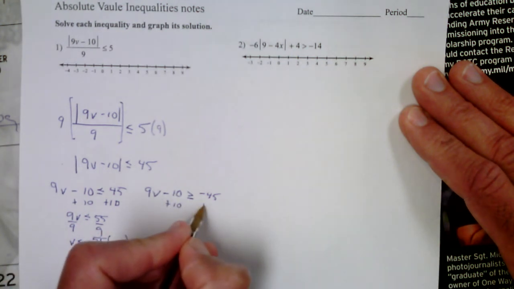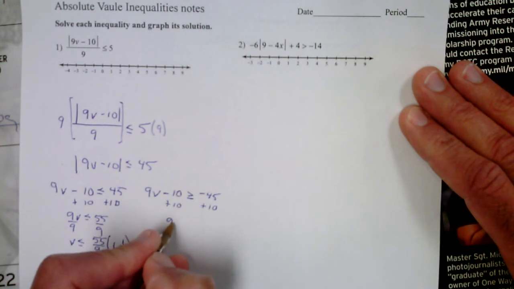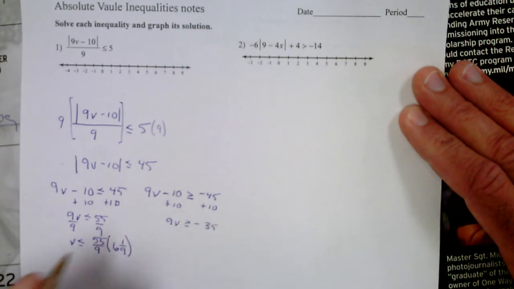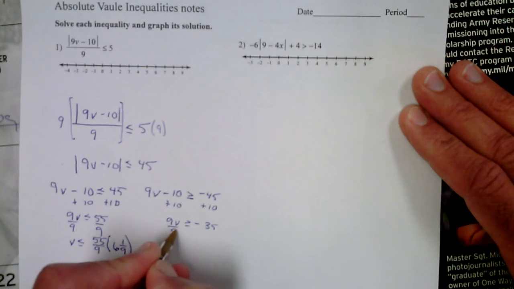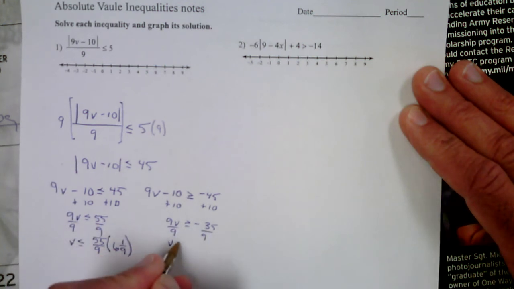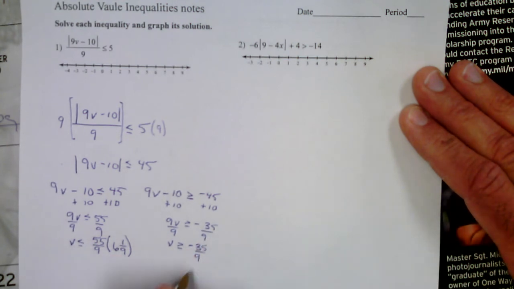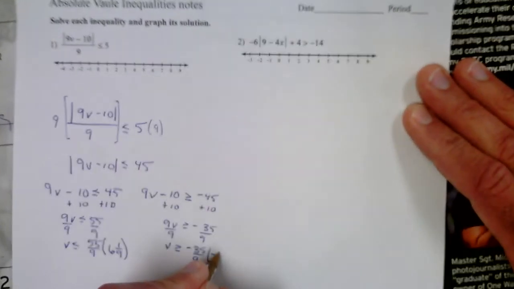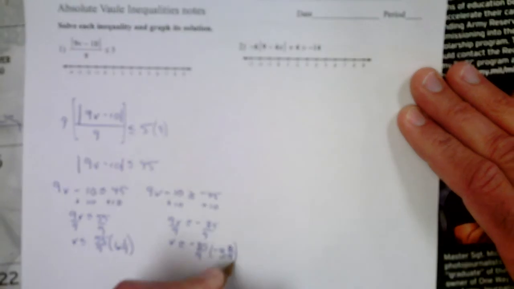We add 10 to both sides, and we get 9v is greater than or equal to negative 35. We divide by 9. Notice no flipping of the sign when we're dividing here because we have no negatives. Negative 35 over 9, which is about negative, let's say, 3 and 8/9.